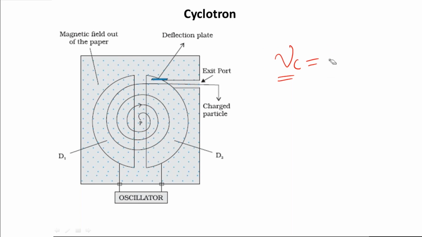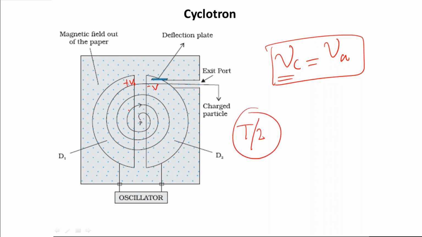So this has to be synchronized such that when the charged particle is here, this D will have a high potential and that one will have a low potential. That means every T by 2, it has to change its direction. I hope you have understood this.